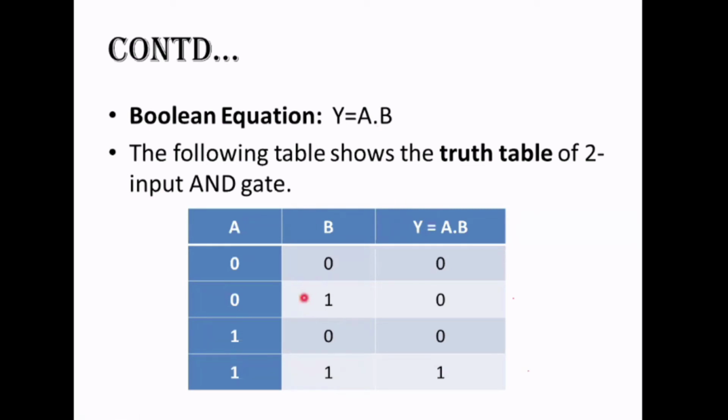Now let us understand the truth table of this logical AND gate. But before discussing the truth table, we will discuss the logic statement for it. The logical statement for the logic AND gate is that if and only if the two inputs are high, then and only then the output will be high. I am again repeating the statement: if and only if both the inputs are high, then and only then the output is high.